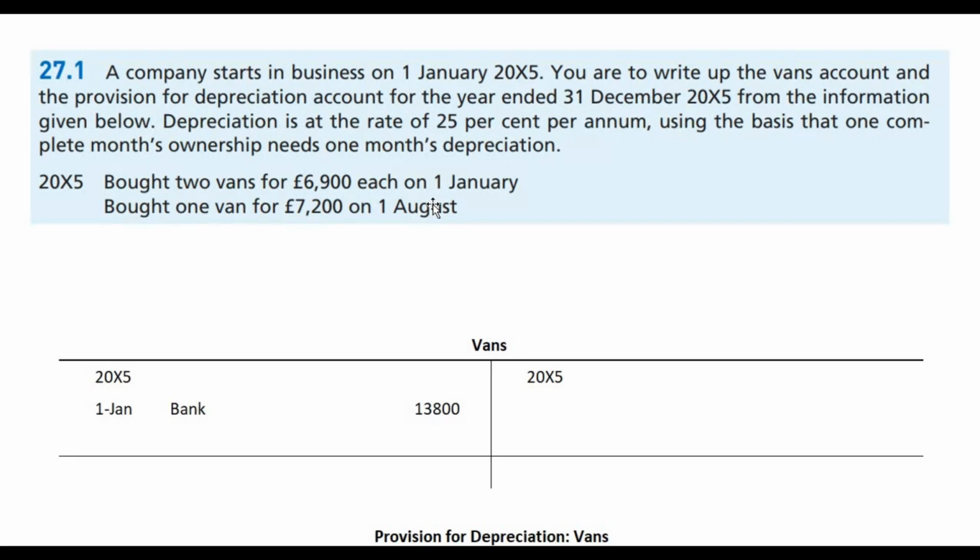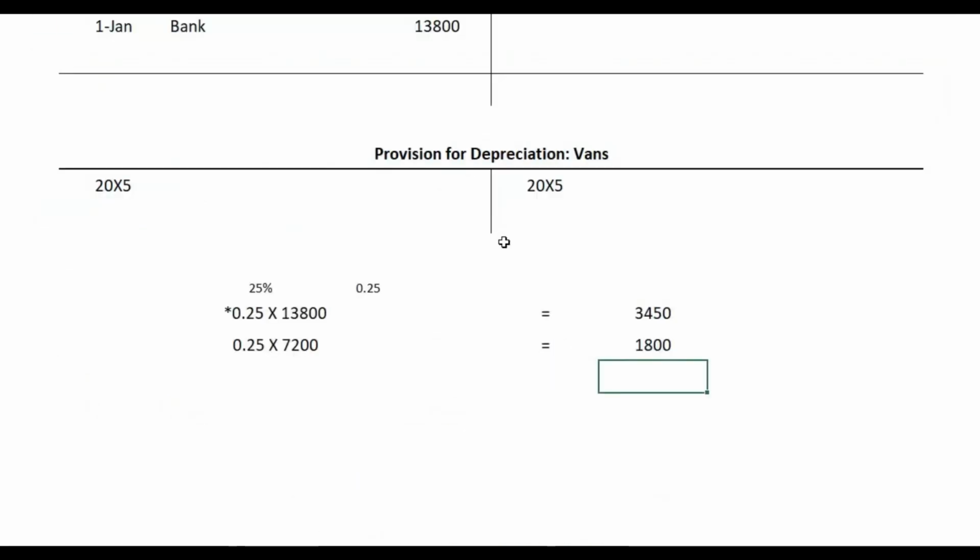So to calculate the depreciated cost of 5 months, simply divide the 1,800 by 12. We get the depreciated cost per month, 150, and now multiply with 5 to have the depreciated cost of 5 months. If we multiply 150 with 5, this 750 is the depreciated cost of the third van for 5 months.